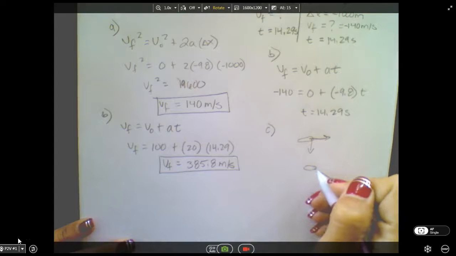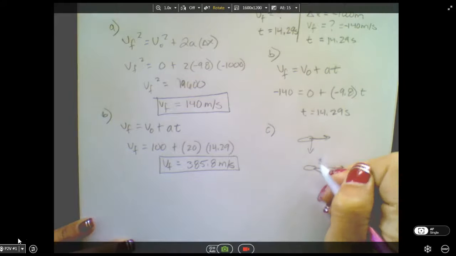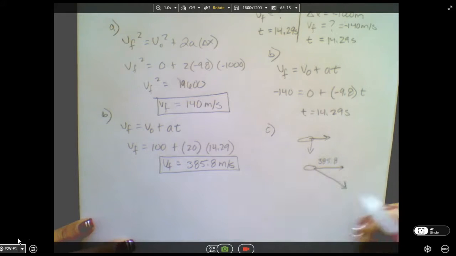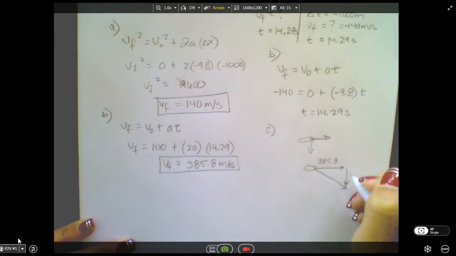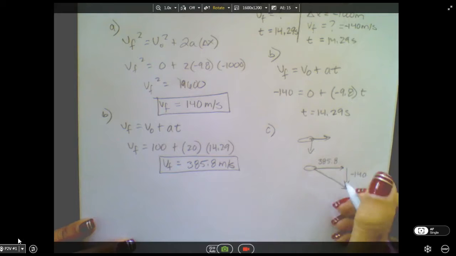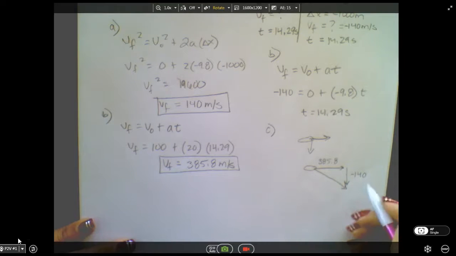So we have a velocity in the x of 385.8. We have a velocity in the y, and this is where the vectors come in, of negative 140. The negative doesn't really matter when you put it in here for Pythagorean theorem, but you can add it in there if you want.